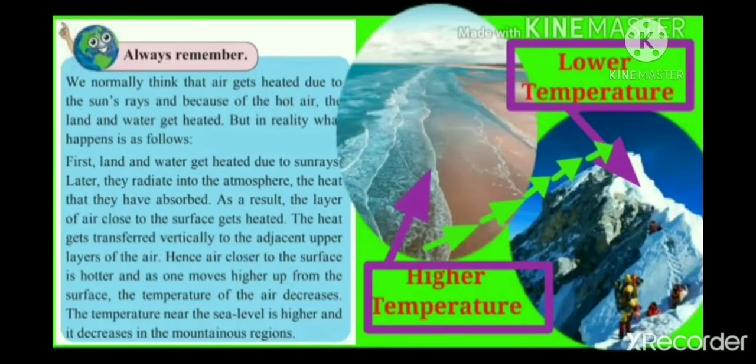We normally think that air gets heated first because of the sun rays, but that is not the reality. In reality, the land and the water get heated first, and because of that heat, the surrounding air gets heated and it is spread all over.